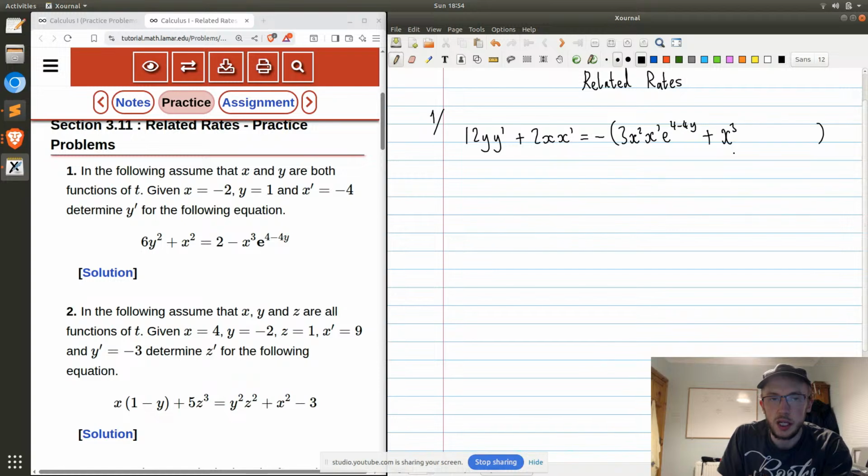I differentiate e to the 4 minus 4y. What happens? I get this. Now, I'm going to get rid of that minus sign.